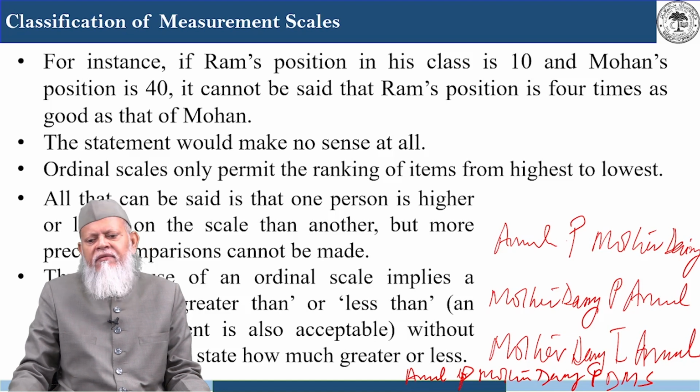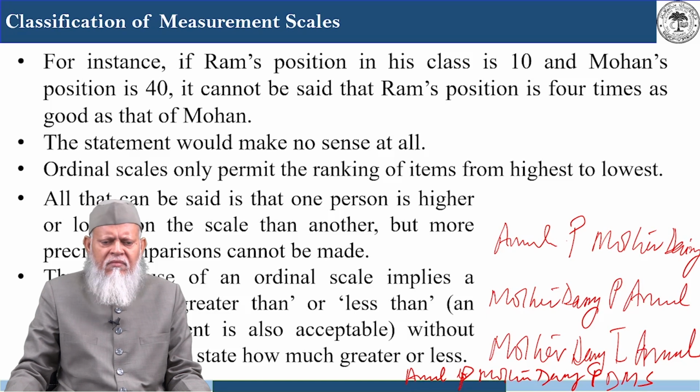Ranking is maintained. So, if somebody ranks butter more than yogurt and ranks yogurt more than the milk, then it means that he ranks butter more than the milk also. So, this transitivity is maintained.